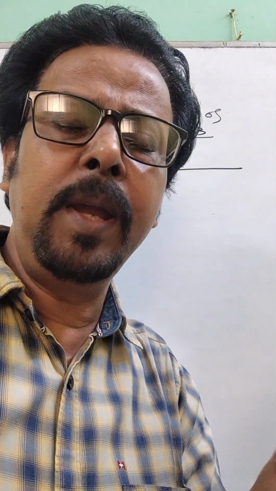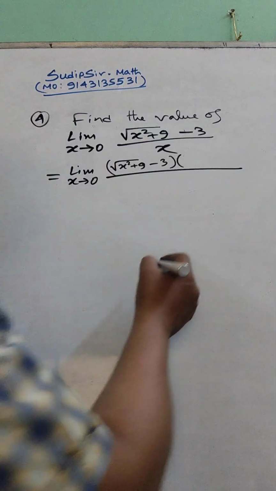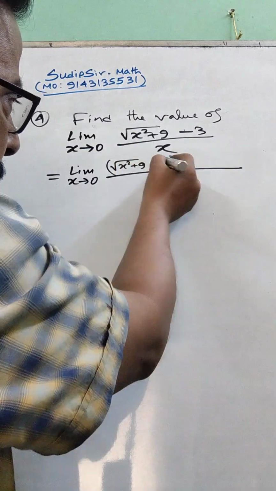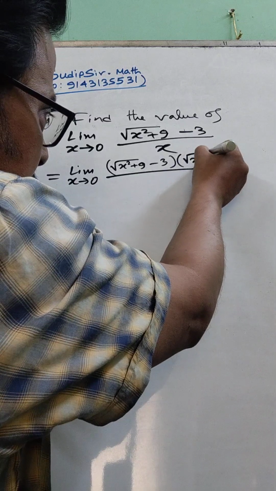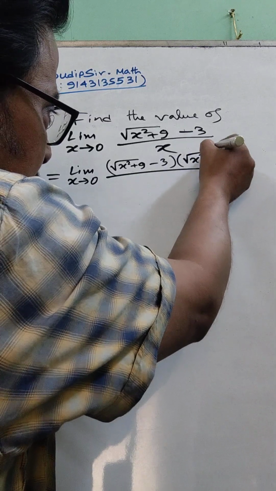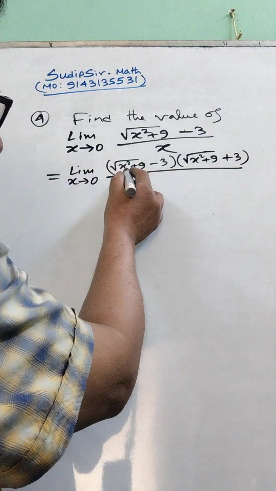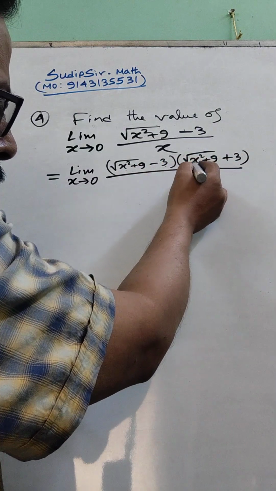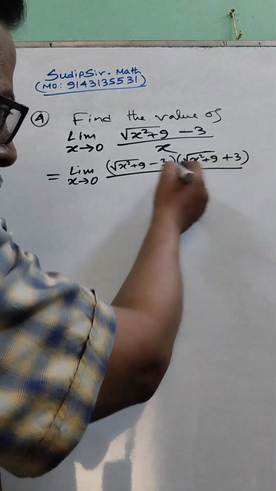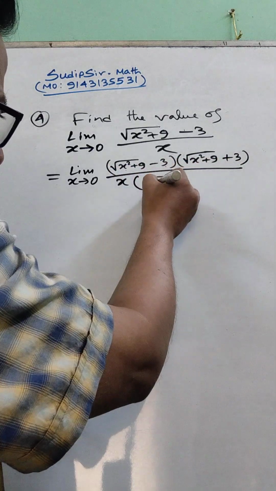If root a plus root b, we have to multiply with root a minus root b. This is root a minus root b type. So we have to multiply its conjugate, in the numerator and the denominator also.